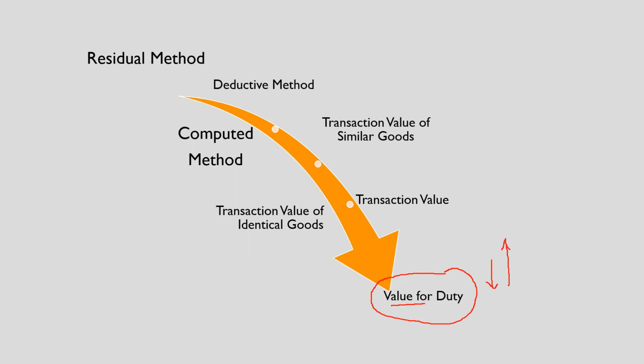So imagine it were left to the importer to decide how much duty they have to pay, right? It wouldn't be correct. So there are several methods. The first one is the transaction value, and that's where we're going to start.